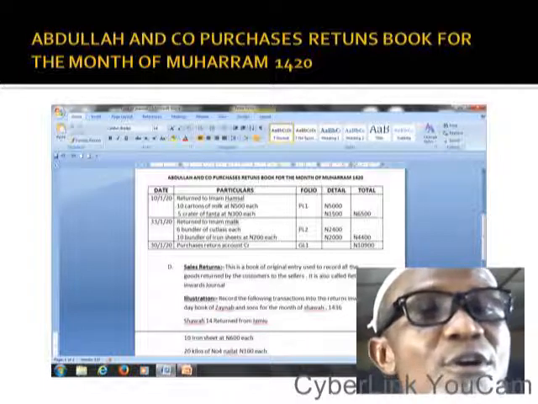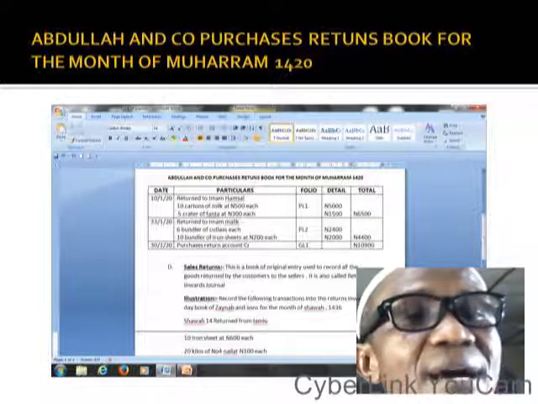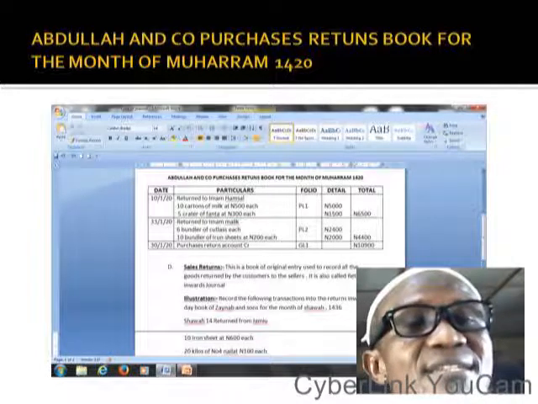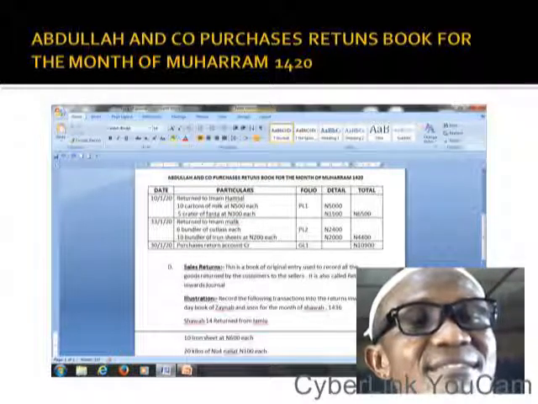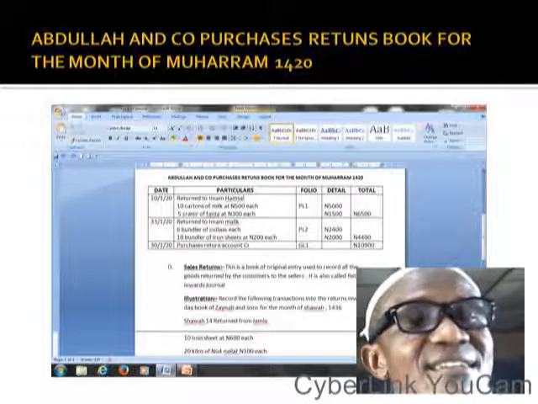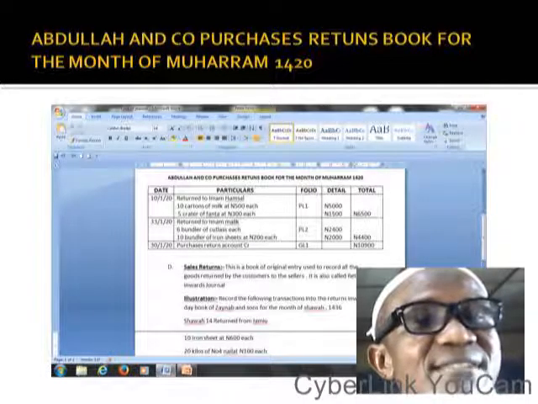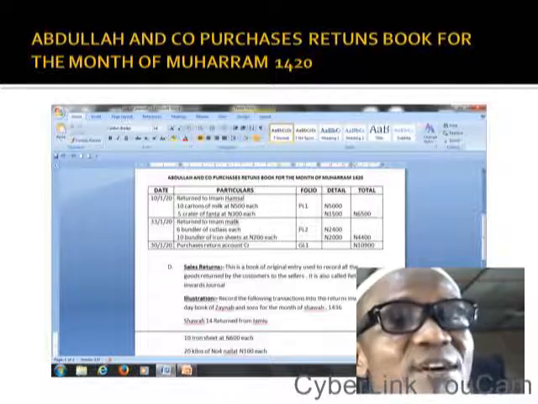For the first Imam, on the 10th of that very month, you have the details in purchase ledger 1, which is shown here on your folio.